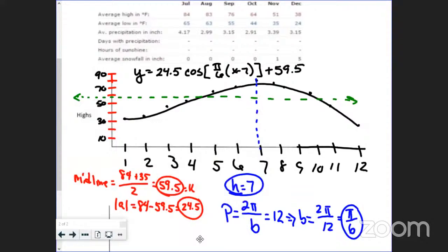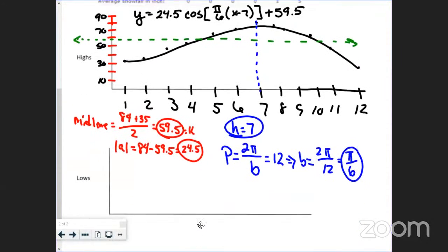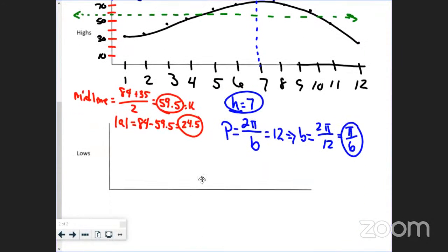Okay? The lows. Now, I just want to try something here. Do we need to actually graph it, do you think, to do that? Do I need to graph it to actually get this information? Like, what did I really need to know? The maximum, the minimum, because that lets me find the what?